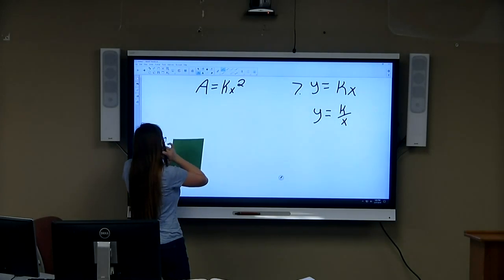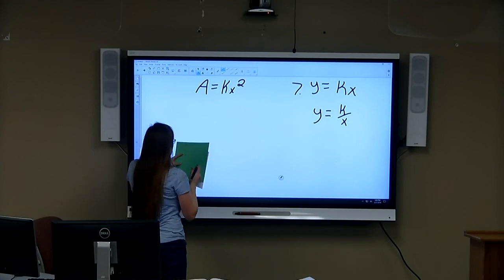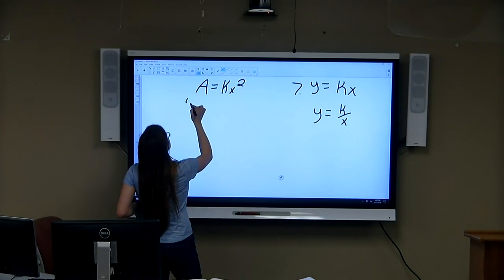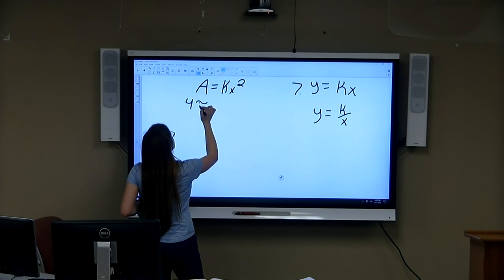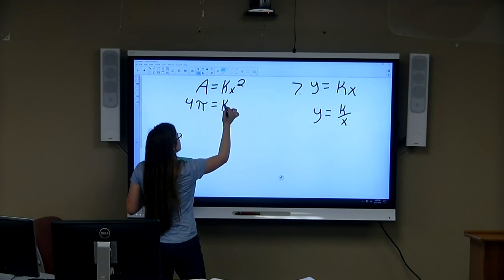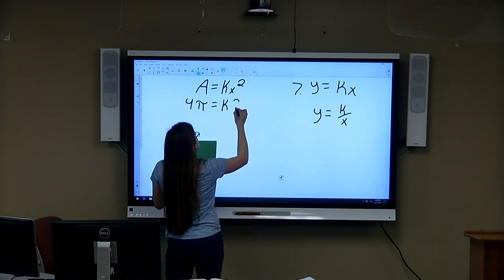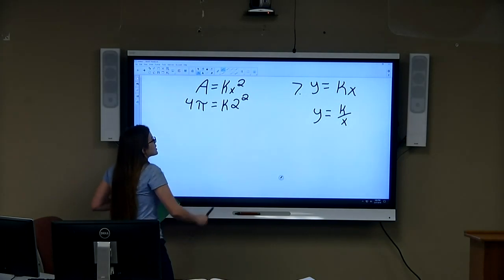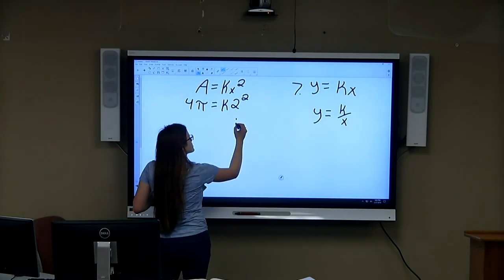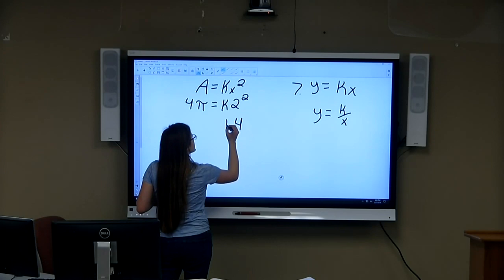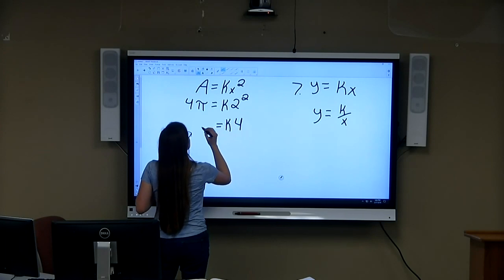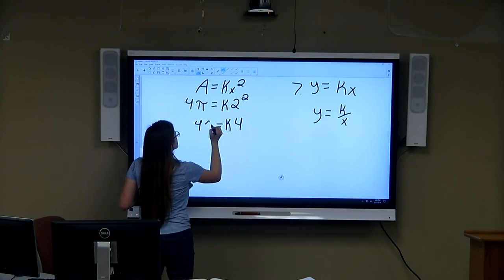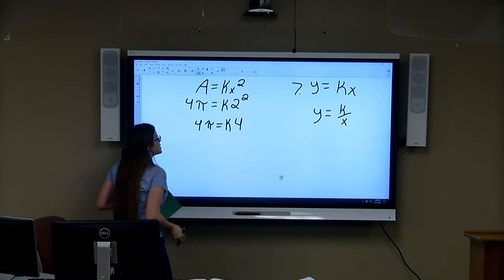All right, so let's put 4 pi in for a, and that equals k times 2 squared. We can solve this, which will give you 4k equals 4 pi.